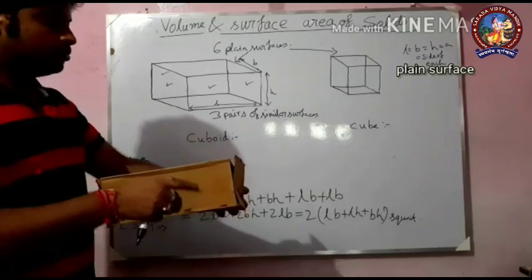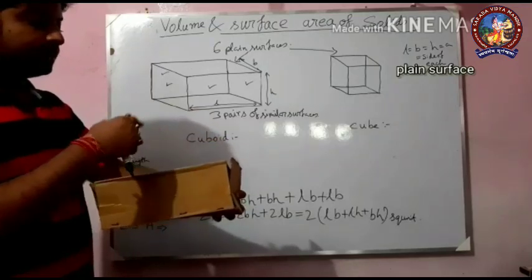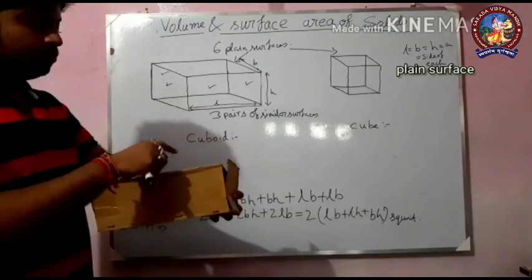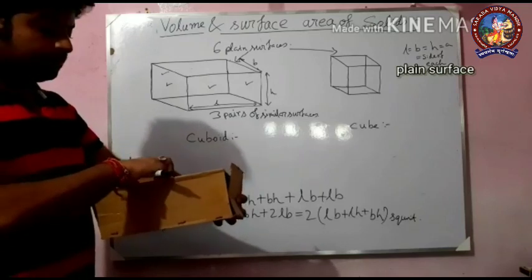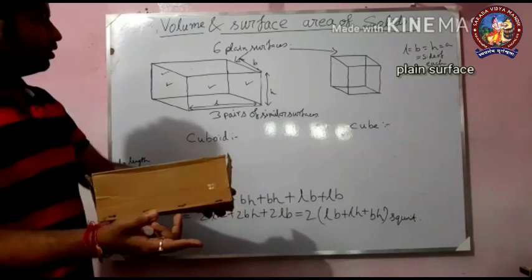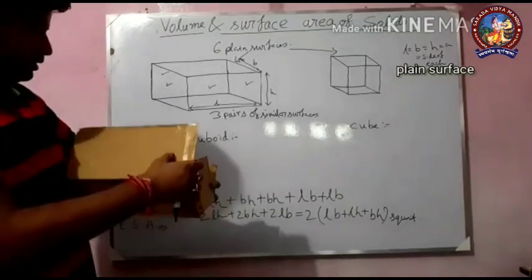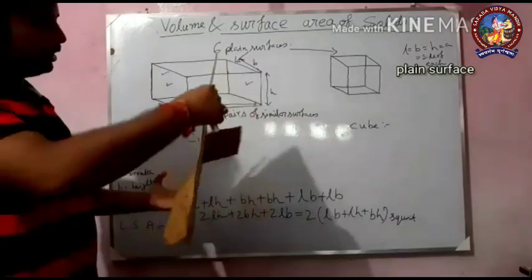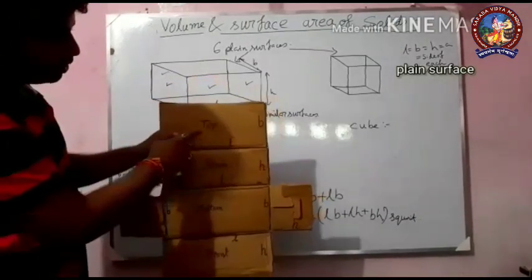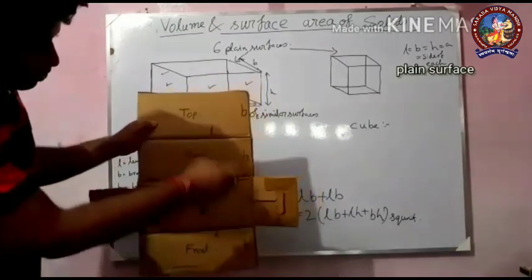So from the total surface area, if we exclude the roof, the upper surface area, and the bottom surface area, then we will get the lateral surface area. You have to exclude the top and bottom from the total surface area.